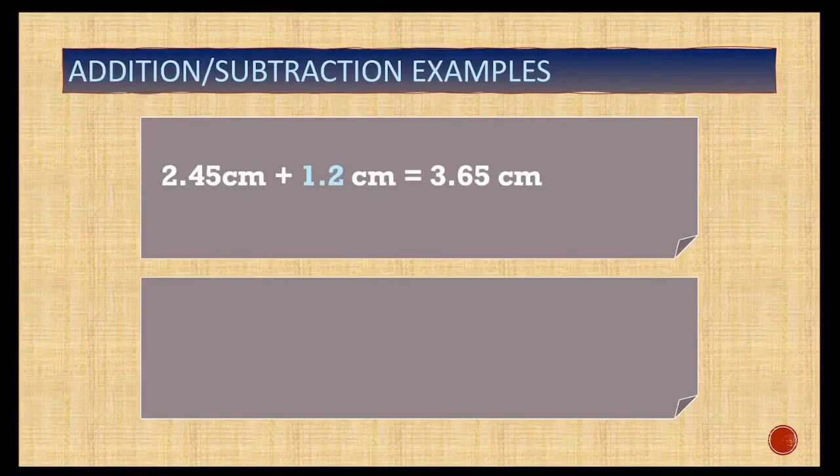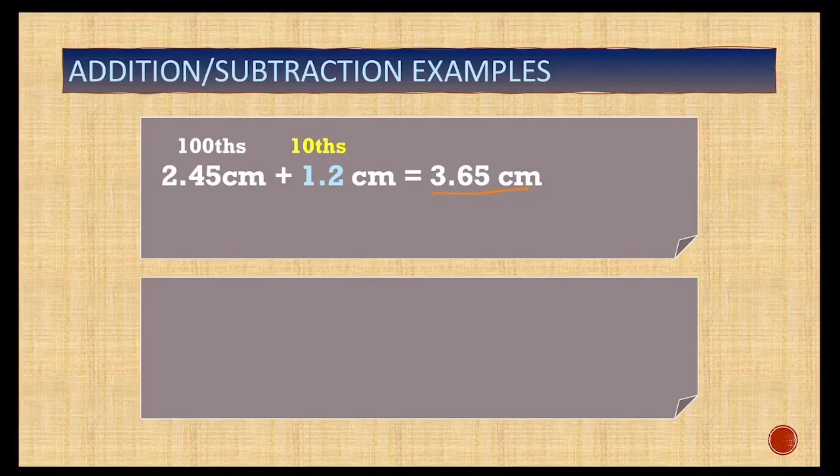Next, let's look at another example. So here we have 2.45 centimeters plus 1.2 centimeters equals 3.65 centimeters. This is our calculator answer, not our final answer. Okay, if you look at the first value, 2.45 centimeters, that stops at the hundredths place, and then 1.2 stops at the tenths place.